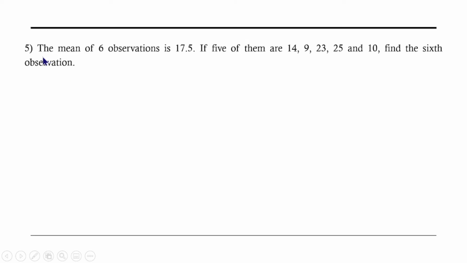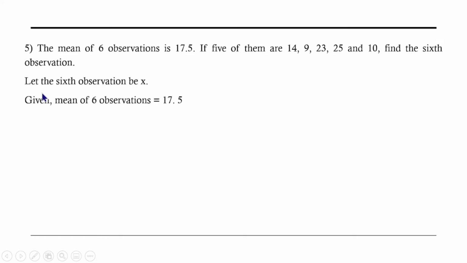The next question, the mean of 6 observations is 17.5. If 5 of them are 14, 9, 23, 25 and 10, find the 6th observation. So it is given the mean of 6 observations is 17.5 and 5 of the observations are given. We have to find the 6th observation.